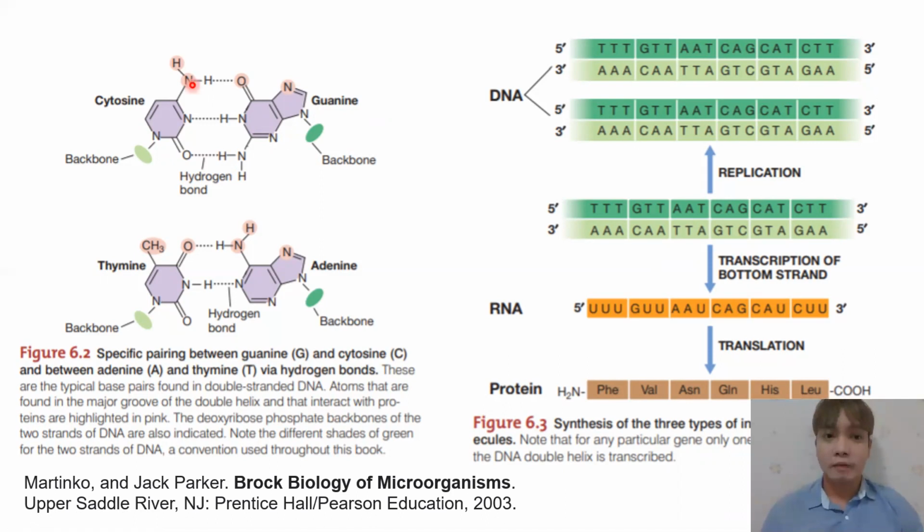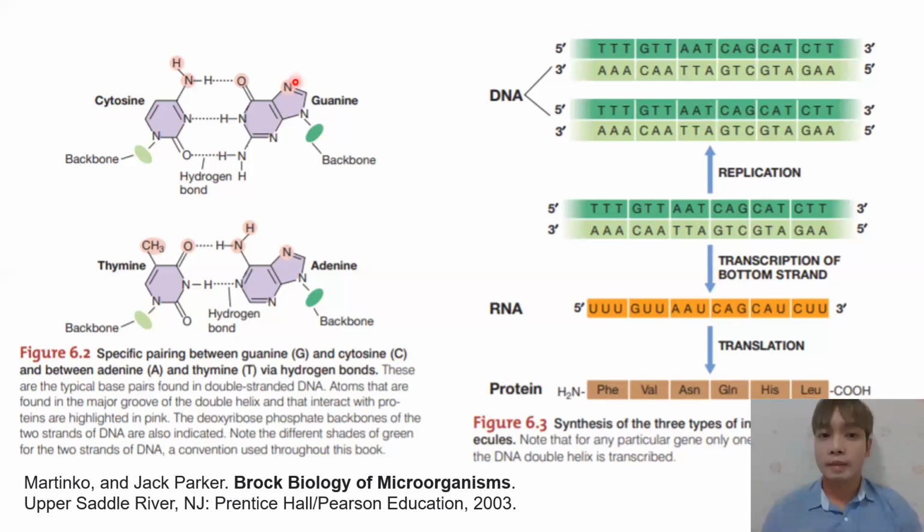So, therefore, each strand is connected by hydrogen bonds between the nitrogenous bases. Okay? So, this is the nitrogenous base, for example, of one strand. Okay? Cytosine. And of course, the partner of cytosine is guanine.